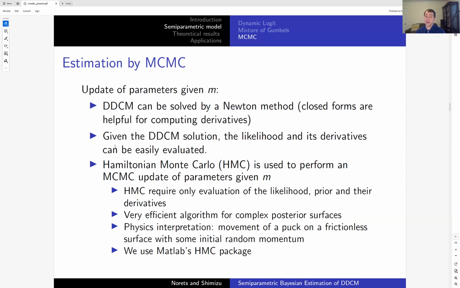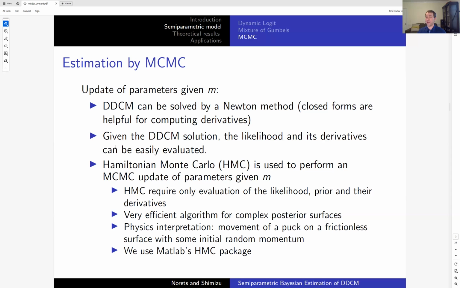At the same time, because we are using these dynamic logit-like things, the Bellman equations, after we integrate out epsilons, look like a system of nonlinear equations where we can compute derivatives of v using the implicit function theorem. That means the likelihood function, which is a function of these v's, will also be differentiable. And so we can rely on Hamiltonian Monte Carlo methods that need derivatives.